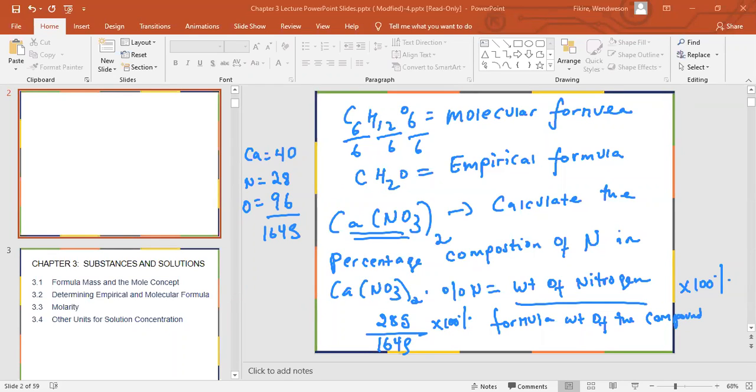So 28 divided by 164, times 100. The percentage composition of nitrogen in calcium nitrate, in this case, is going to be about 17%. That's how percentage composition is calculated.